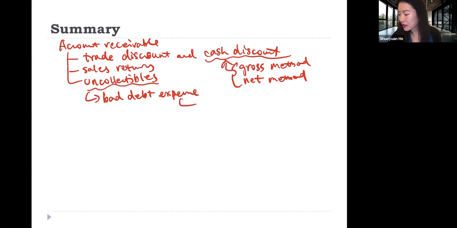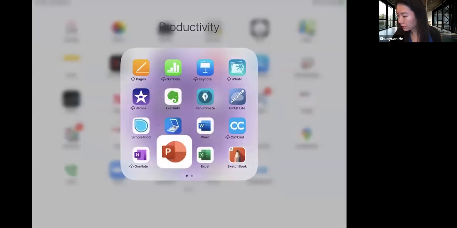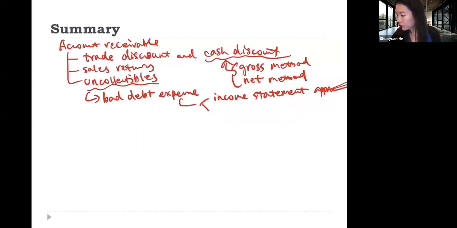There are two methods. One is called income statement approach. The other is called balance sheet approach.